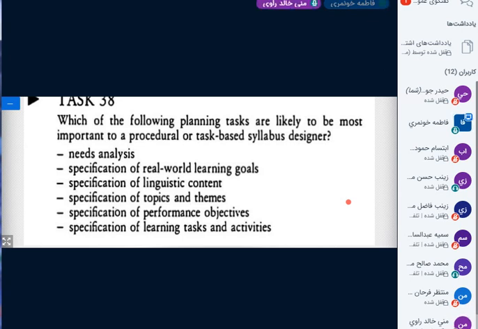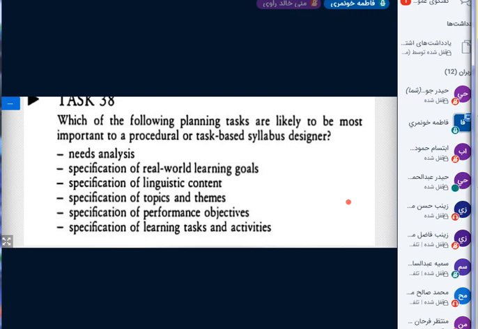Yes, doctor. I think they are related to product-oriented syllabuses. Yes, sure. Look, the name speaks for itself. Specifying linguistic content to teach was the main feature of the grammatical syllabus or the product-oriented syllabuses. If you chose lexical items, it became a lexical syllabus.